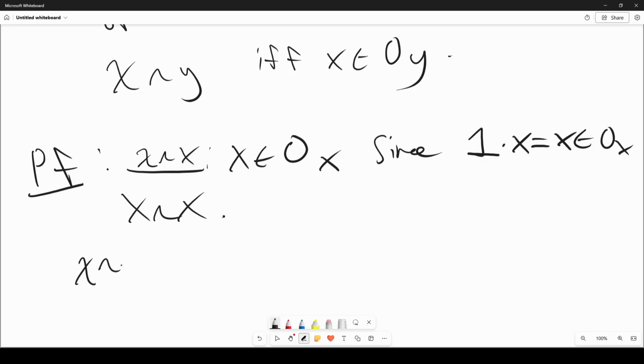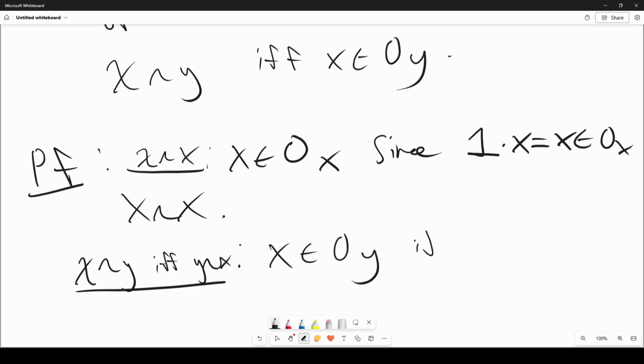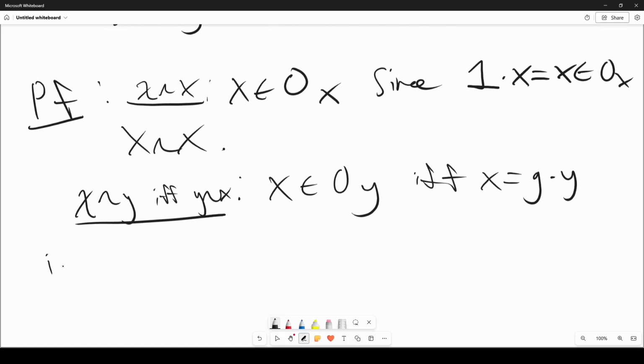Now let's do symmetry, which is X equivalent to Y if and only if Y equivalent to X. So what we see is if X is in the orbit of Y, well, this is true if and only if X equals G dot Y for some G in G. But this is true if and only if G inverse dot X equals Y. And you see I just multiply both sides by G inverse.